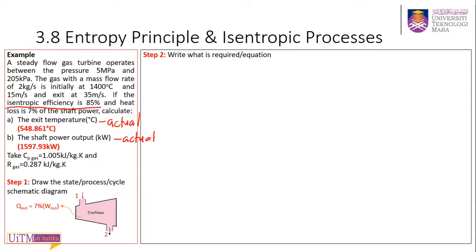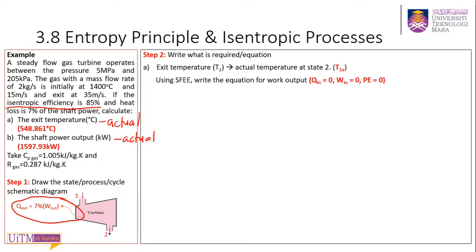Now, for step 1, please try to draw the schematic diagram for a turbine and do not forget to label the amount of heat loss, which is 7% of the work output. For step 2, since the substance is a gas, to find the actual exit temperature at state 2, we will use the SFEE, and please remember to write the conditions given in the question.